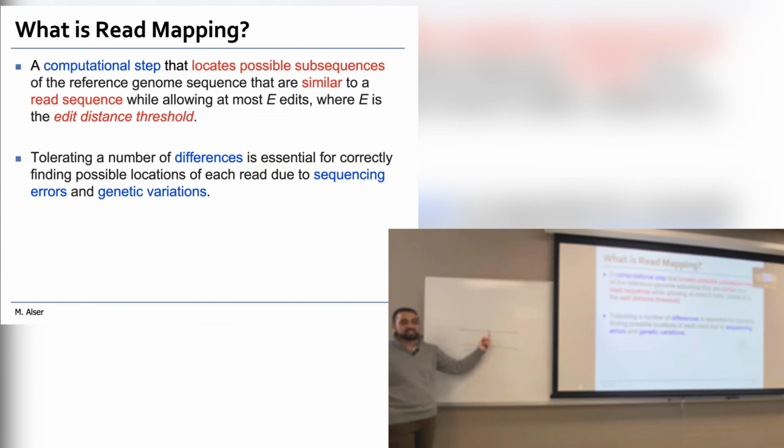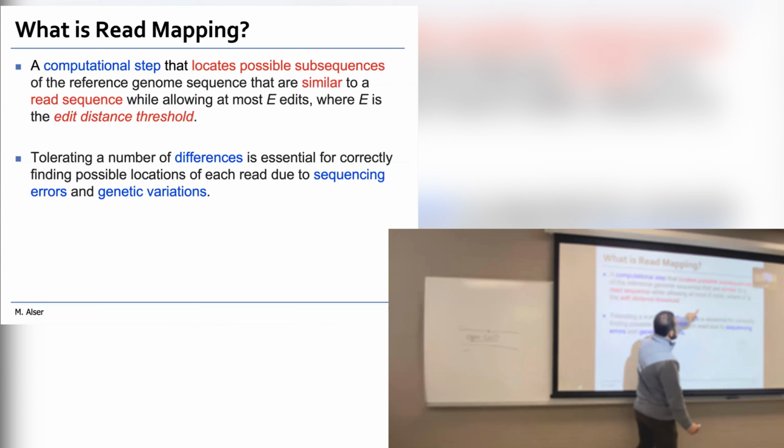If it is a single variation, we call it SNP, single nucleotide polymorphism, okay? So there is a database called OpenSNP as one word. You can try it yourself, it's for free, it's publicly available. You can see a list of all those single variations and what kind of medication we could use to cure this disease, okay? Now, because of that, we really need to allow for some differences.